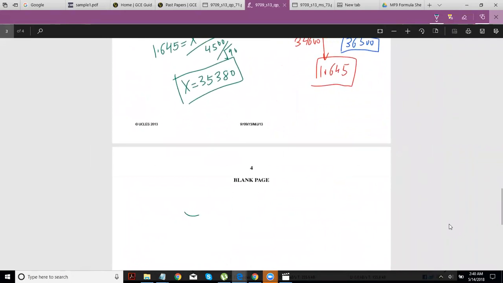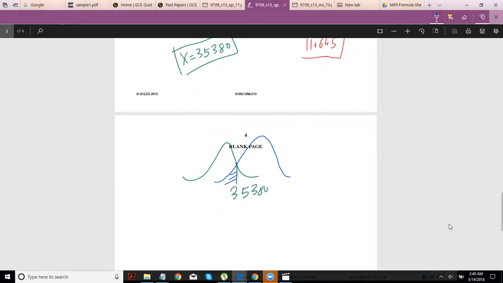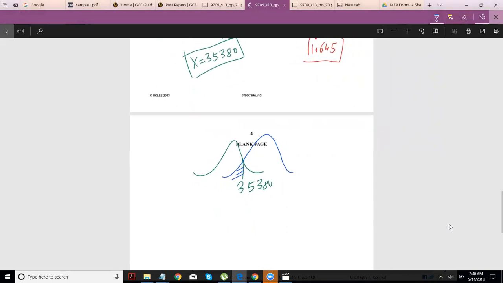Now again, to be a little clear about what's happening. What we basically said is that this is your old curve, the old mean, and on the old curve with the old mean, any value of x that is less than 35380 would be accepted. Now we have to find the probability that a value less than 35380 comes from the new curve, which represents the distribution of the mean that is correct.